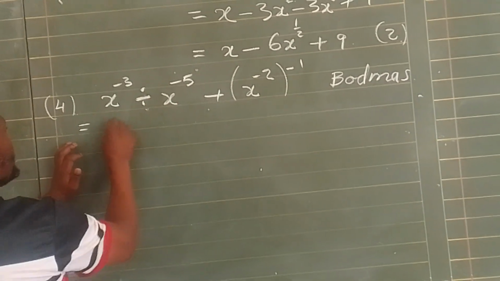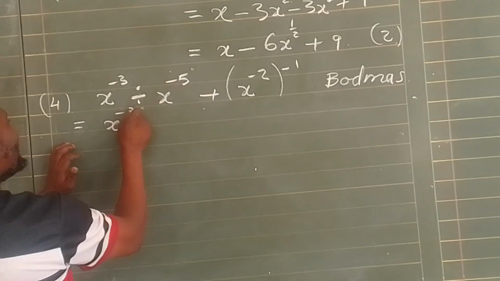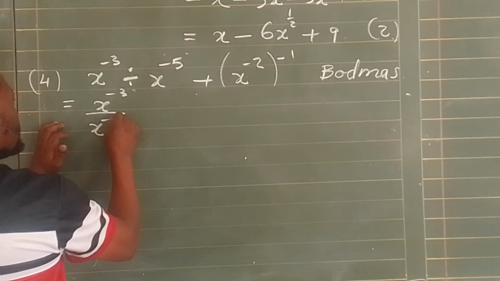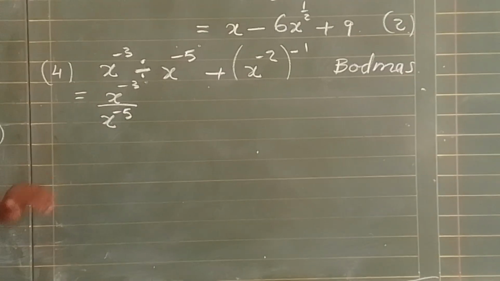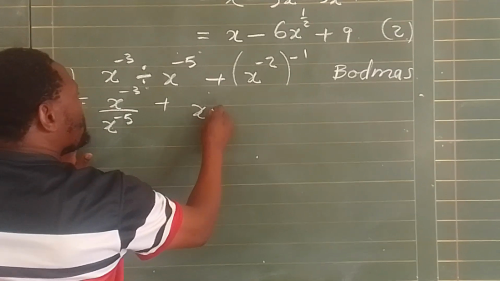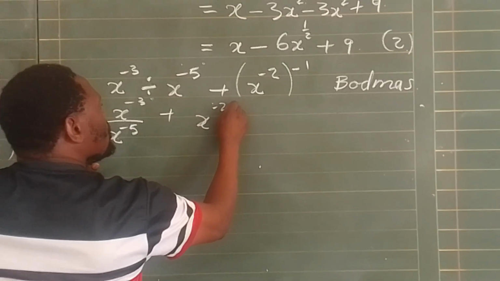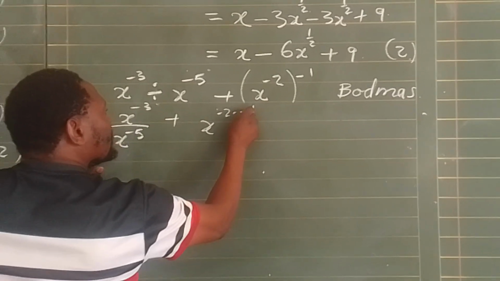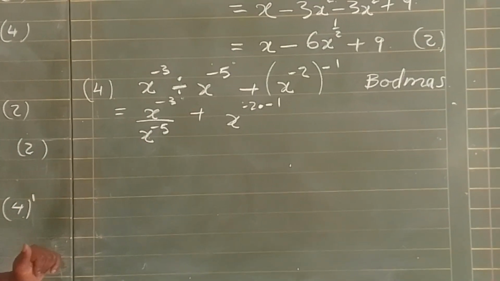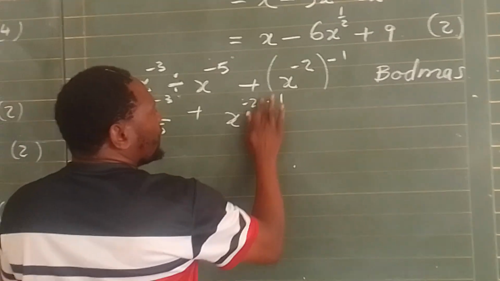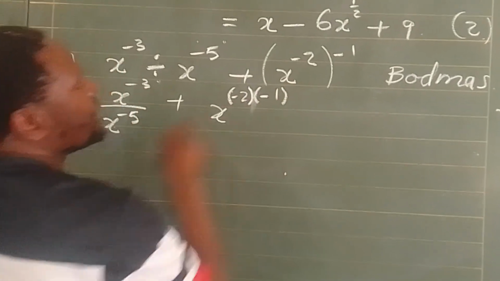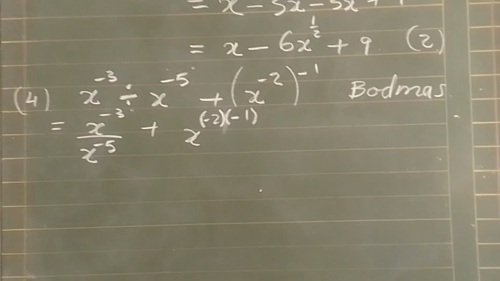So you start here, x to the power minus 3 divided by x to the power minus 5, plus x to the power minus 2 times minus 1. This dot means multiplication, or rather, let's just grab a bracket. At least this will make your life easier.